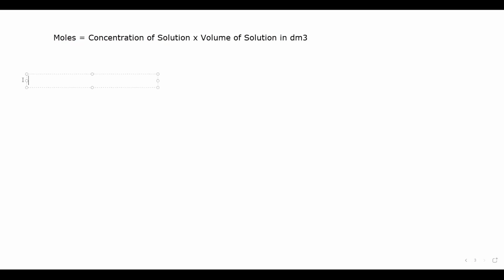So if I say find moles of HCl with concentration 2 mole per dm cube and volume 0.5 dm cube.